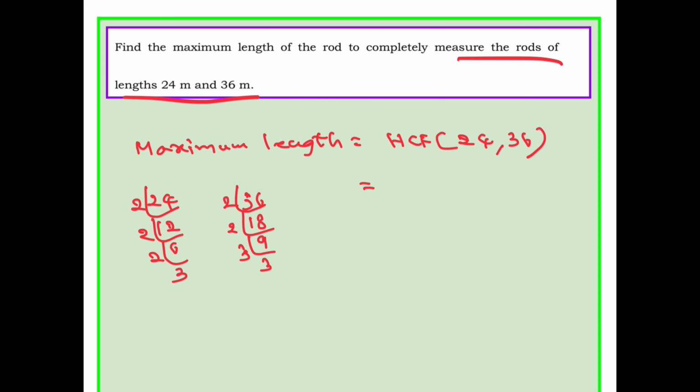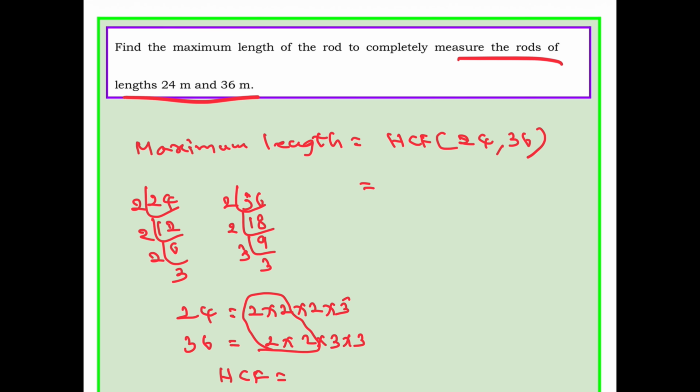Now 24 can be written as 2 into 2 into 2 into 3. 36 can be written as 2 into 2 into 3 into 3. HCF means which is common: 2 twice common and 3 one time common. 2 into 2 into 3, 2 twos are 4, 4 threes are 12. Therefore the maximum length of the rod is 12 meter.